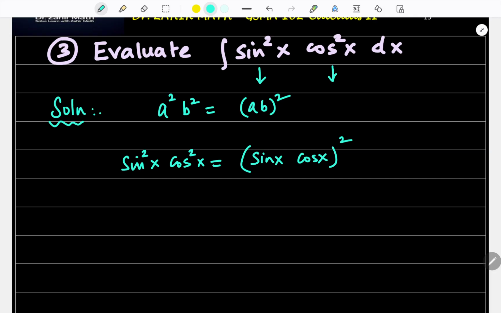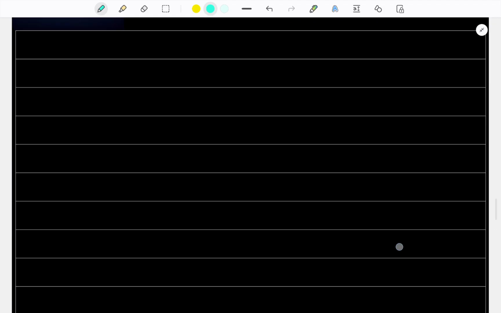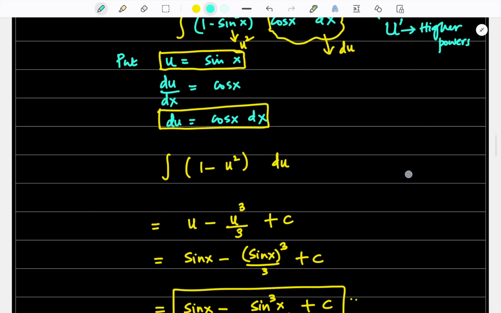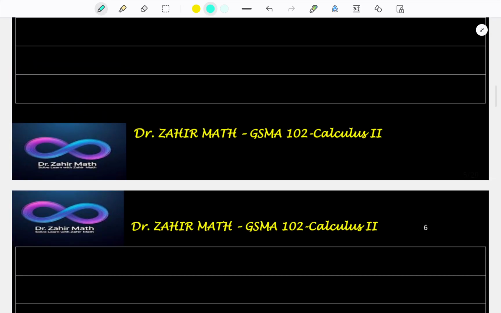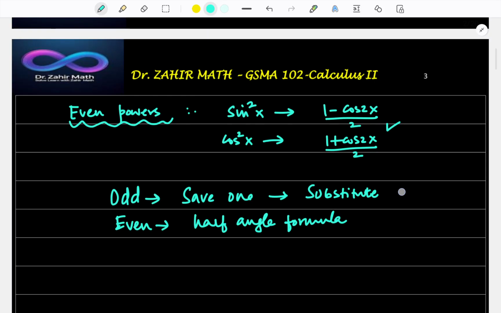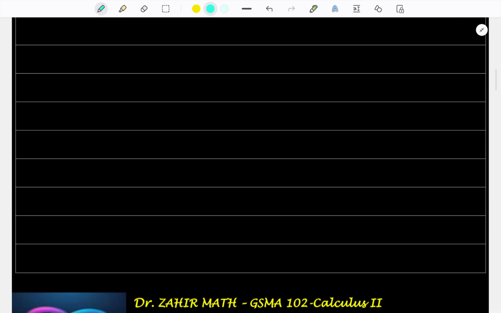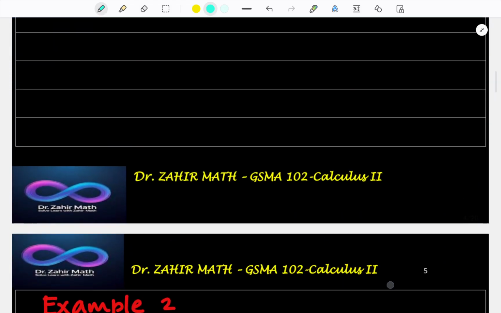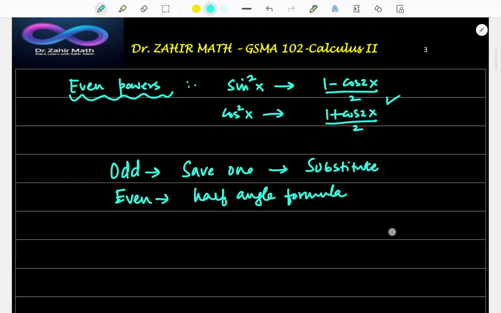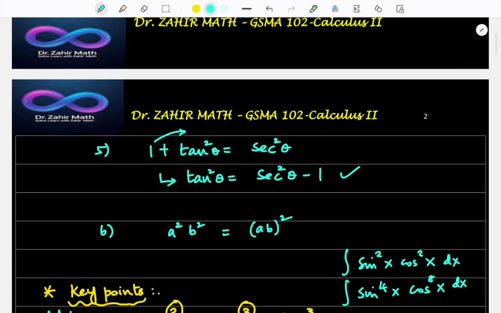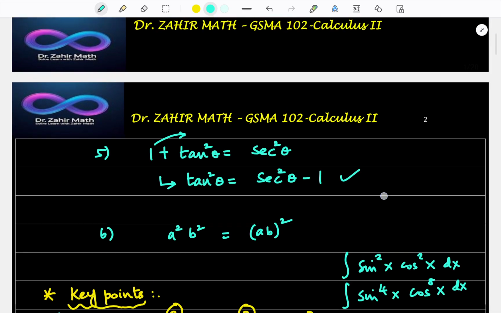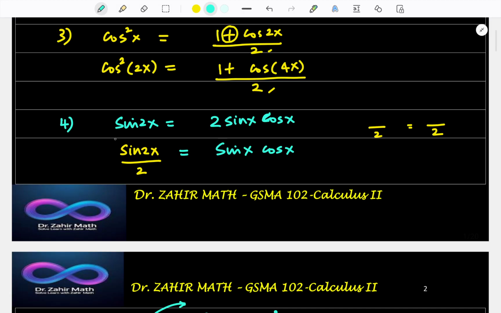After that, I gave you one formula for sin x cos x. Yes, sin x cos x is going to become what? It is sin 2x divided by 2. This is the rule. So I'm going to use this rule now.